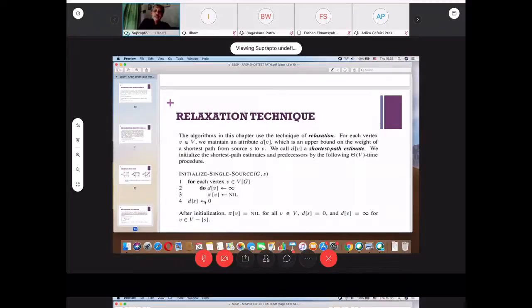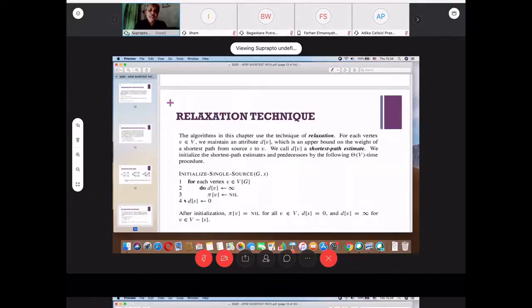Then there is a special assignment for source S, especially for the attribute d, because this value cannot change. S.d means the shortest path estimate of vertex S, so the value must be 0, and it cannot change during the process.